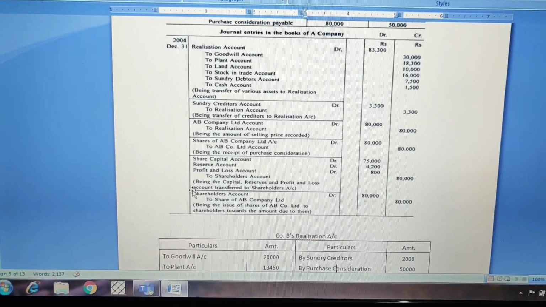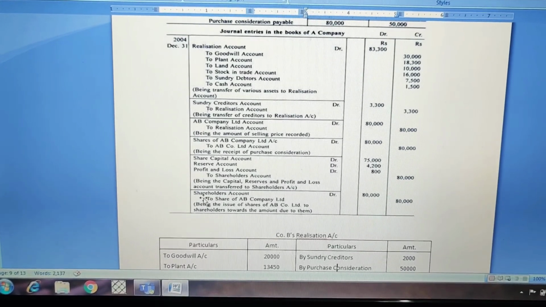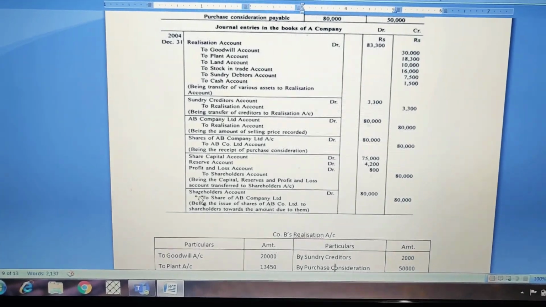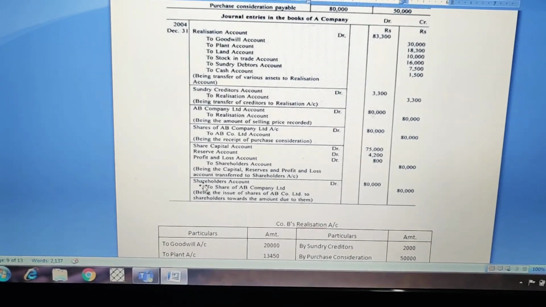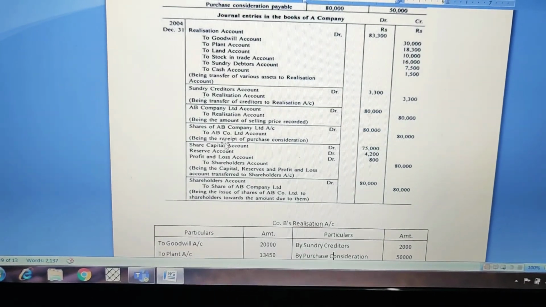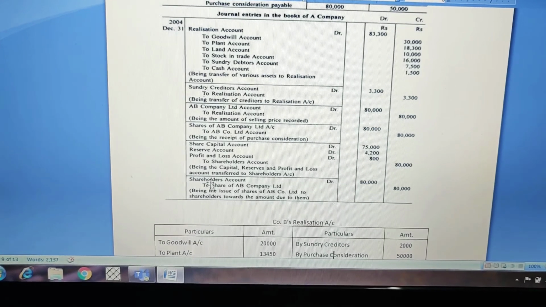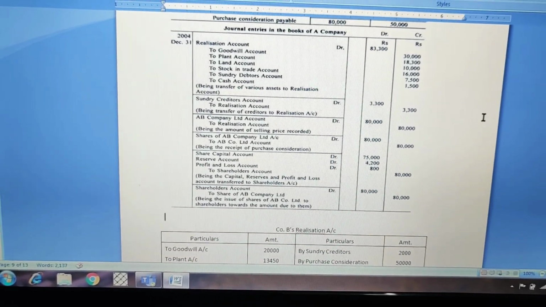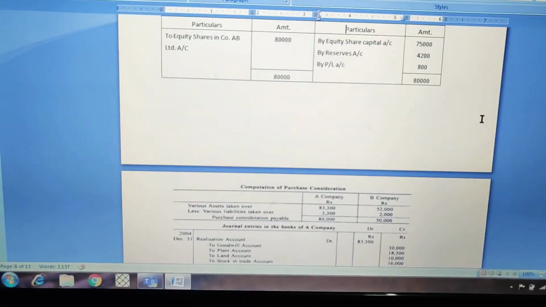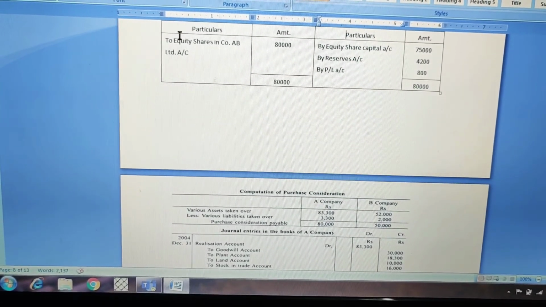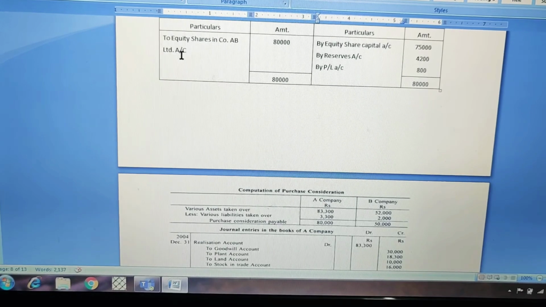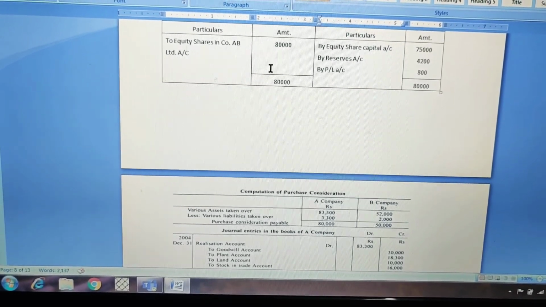As you already made the ledger of the equity shareholders account, and there on the debit side, we have already made this entry to equity shares in company AB Limited 80,000.